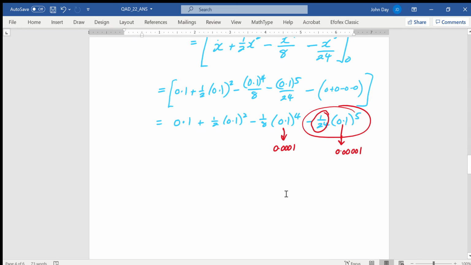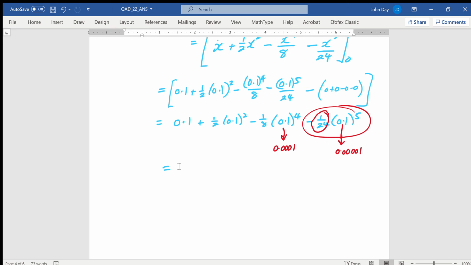And really, I probably could get away with that third one not affecting anything. However, it's not a big deal to throw all those numbers into the calculator. So, I'll just change modes on the calculator here. I'm in statistics mode. 0.1 plus 1/2 times 0.1 squared minus 1 on 8 times 0.1 to the power of 4.